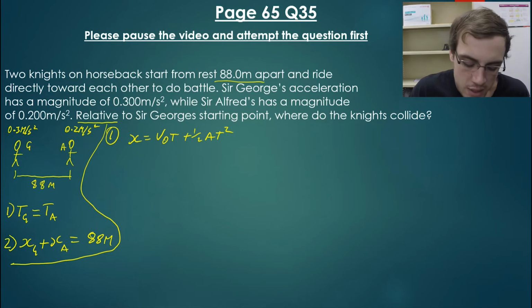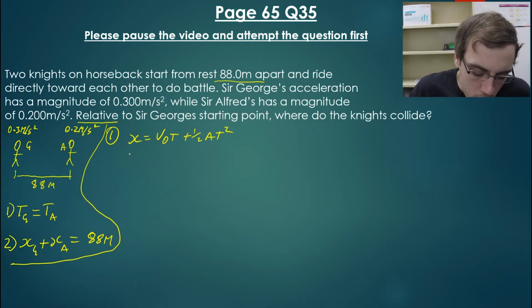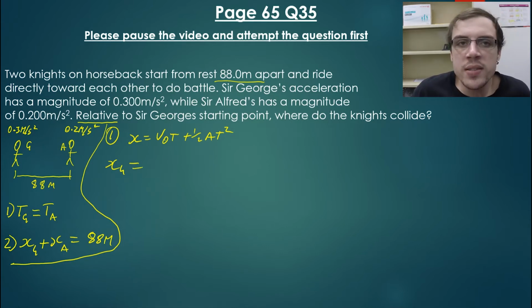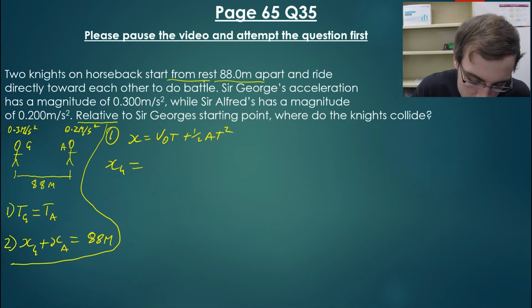here. So we'll do George first. So the displacement for George is v0t. So we ask ourselves, okay, what is George's initial velocity? And it is 0 because he's starting at rest.